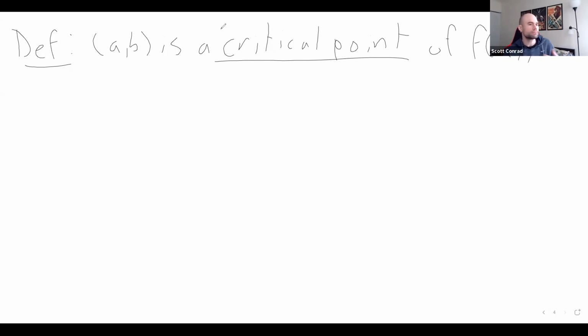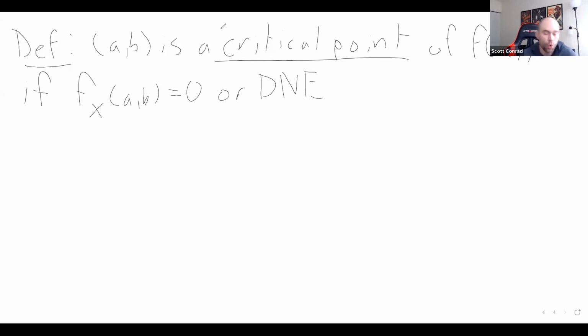So it's a critical point for a function of two variables if the partial derivative with respect to x is equal to 0, or does not exist, and the partial of f with respect to y is 0, or does not exist.